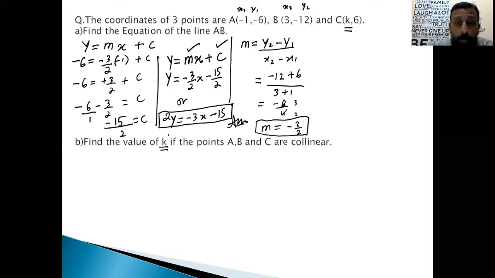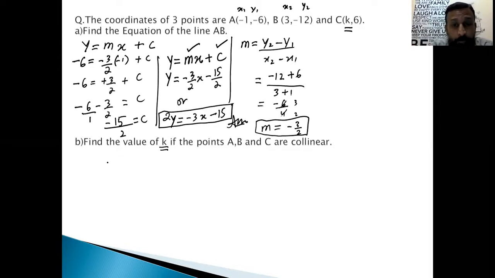And always all collinear points have the same value of the gradient. That means that the gradient of AB equals the gradient of BC, or the gradient of AC equals the gradient of BC. So collinear points have the same gradient.